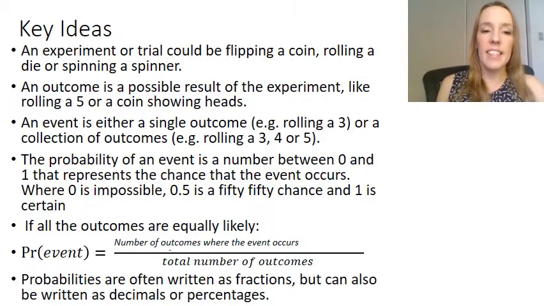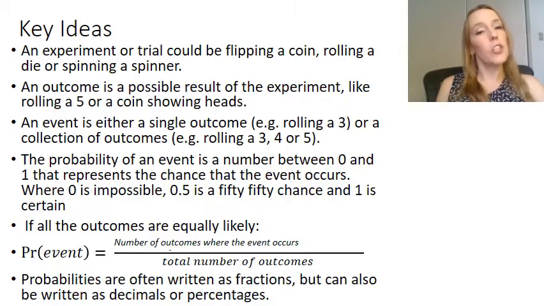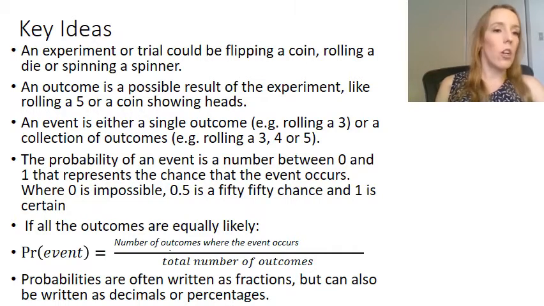So an event is either a single outcome, such as rolling a 3, or it can be a collection of outcomes, for instance rolling a 3, a 4 or a 5. The probability of an event is a number between 0 and 1, so it's going to be a decimal, and it represents the chance that that event occurs. If something was given a probability of 0, that means it's impossible, never going to happen, no chance.